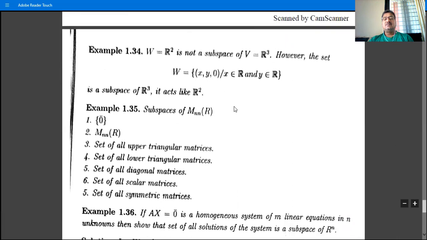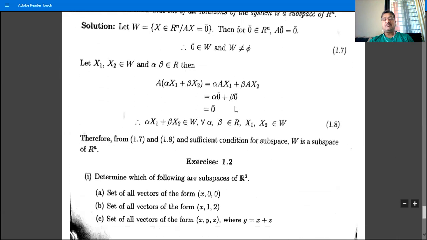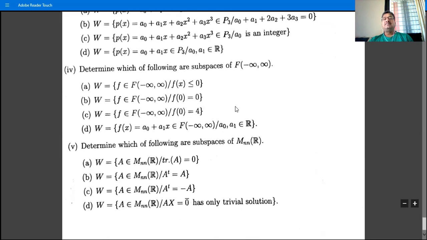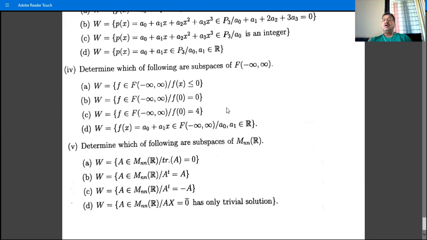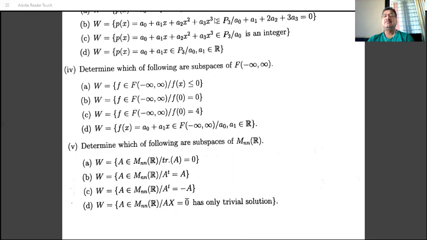A subset of a vector space is a subspace if the subset is closed for addition and scalar multiplication, that is, the addition of two elements of W belongs to W, and the scalar multiplication of any scalar and any element of W belongs to W. Then we say that W is a subspace of V. And when W is not a subspace of V, that is, if either of these two conditions fails, then we say it is not a subspace. We will discuss the next topic, linear combination and linear span, in the next lecture.